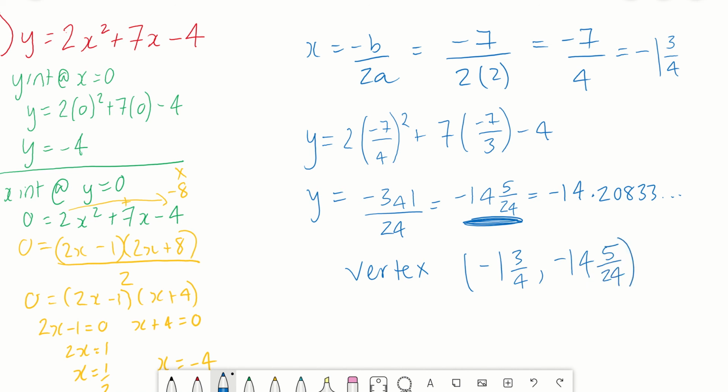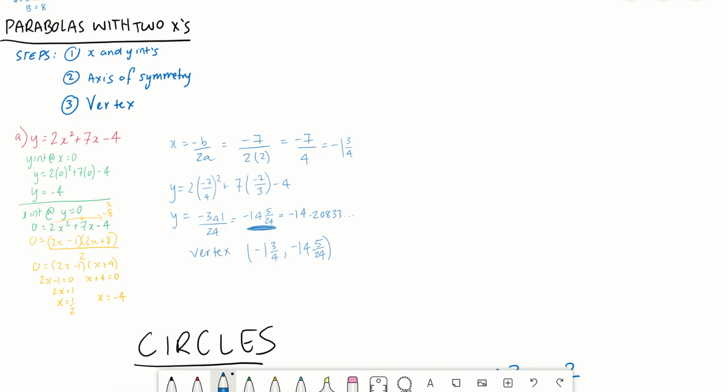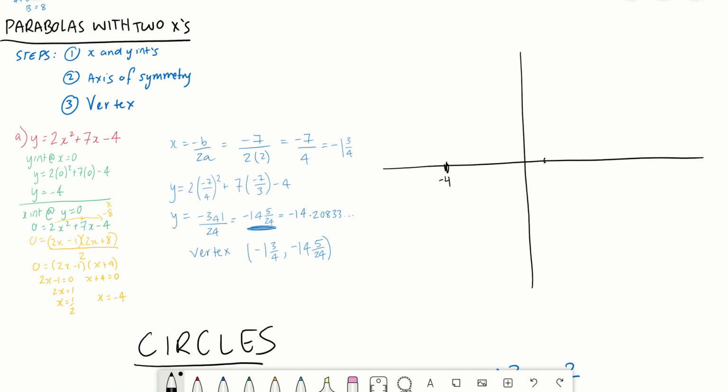Now we get to draw this amazing thing. I always start my drawing with all the intercepts. So we've got -4.5, and I've got -4 as my y, and I've got (-1 3/4, -14) somewhere here.